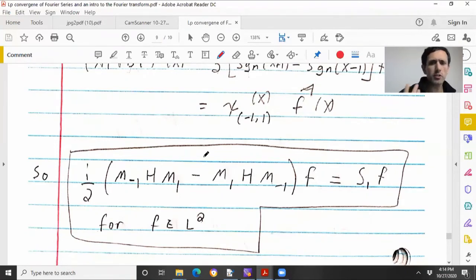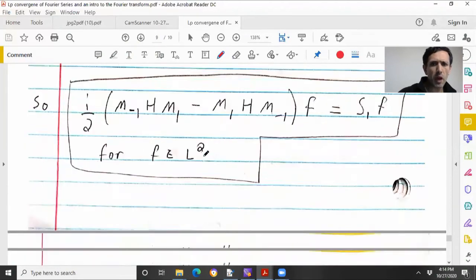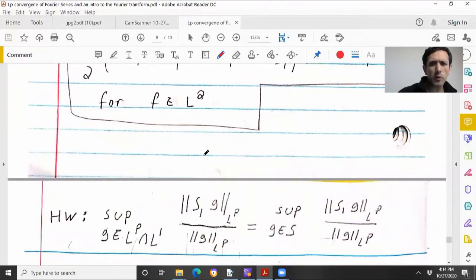So to rid ourselves of this annoyance, let's once and for all state the following, which I'll leave as an easy homework. Actually, it's not hard, but I'll give hints as to how to do this in the next homework. That this supremum that we're looking at, we want this to be bounded. If this supremum, remember, is bounded, then we will have L^p convergence of Fourier transforms. We'll have a version of Fourier inversion for L^p functions.